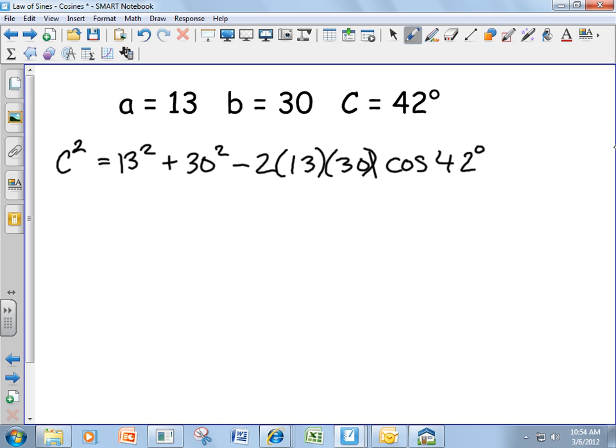That's totally fine by me. I would say just be careful with this minus and make sure you are subtracting this entire quantity. So an extra set of parentheses wouldn't hurt you here.